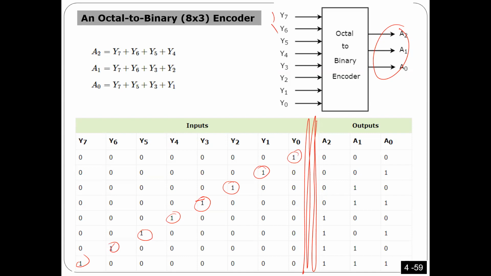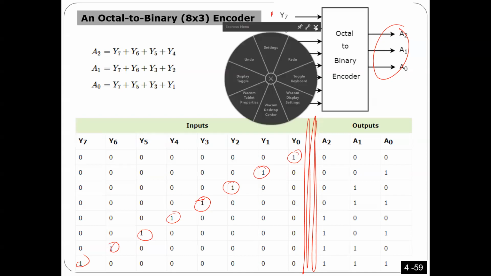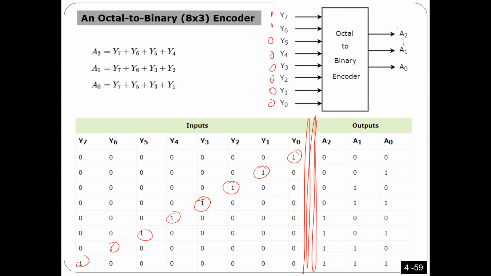For example, if I put 1 here and 1 here and zeros everywhere, you will get some random output. Let's look at a specific example. If y6 is 1 and y7 is 1, I get 1, 1, 1, which is number 7.